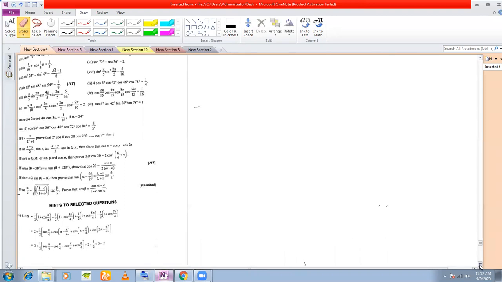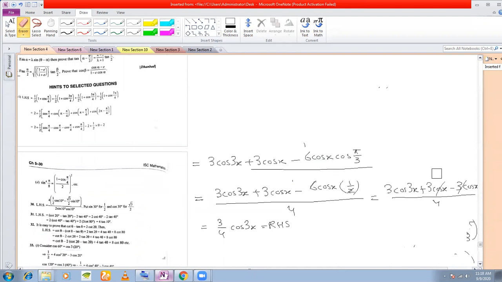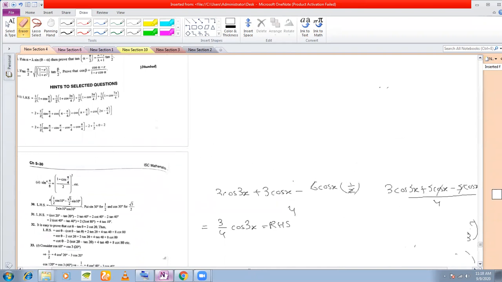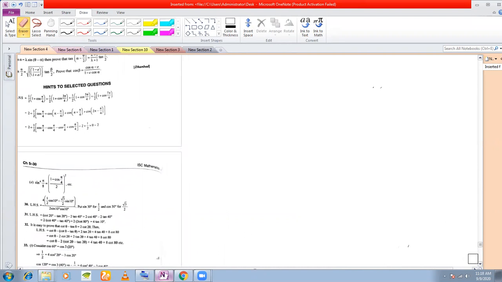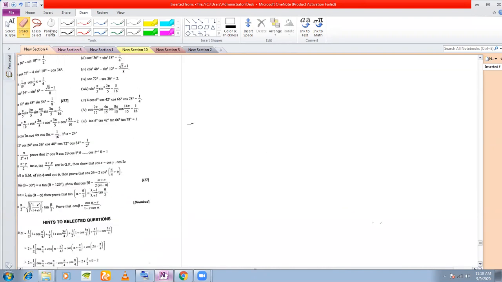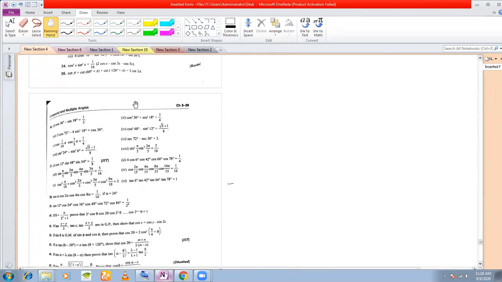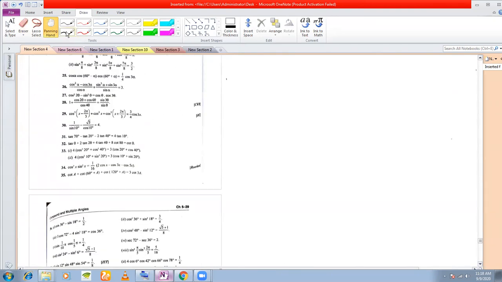In fact, the technique that is involved in 30 is important. There's a small technique that you should learn from the next sum. Number 30.